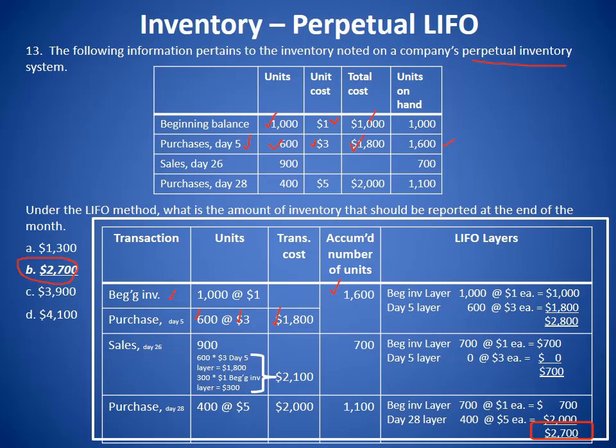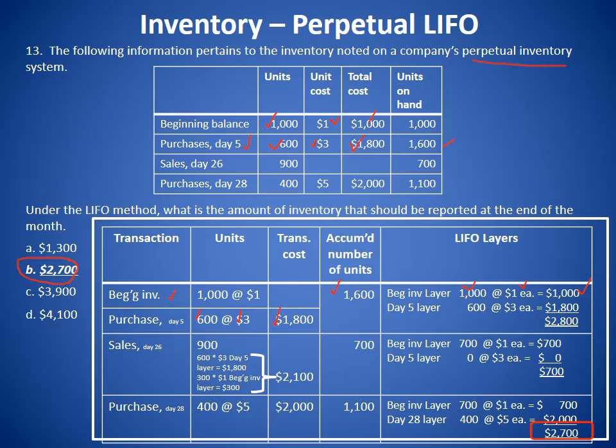Now I want to see what my inventory is composed of. I start off with my beginning layer of inventory, which is 1,000 units times $1 a unit, and it gives me a layer balance of $1,000. Also, at the end of day 5, after my purchase, I have to add another cost layer to my inventory, which I call the day 5 layer.